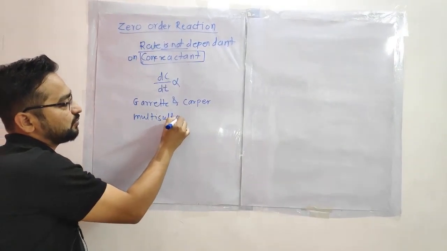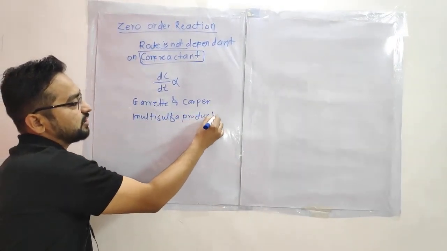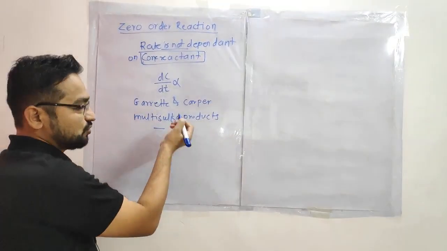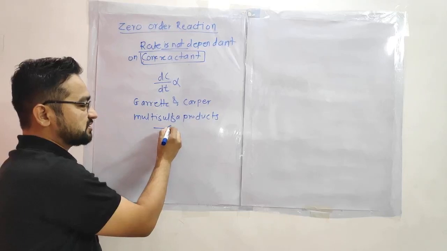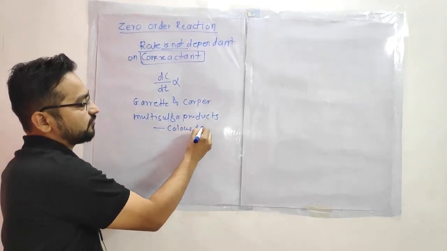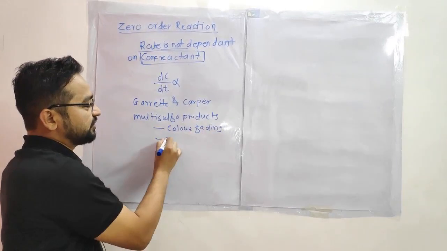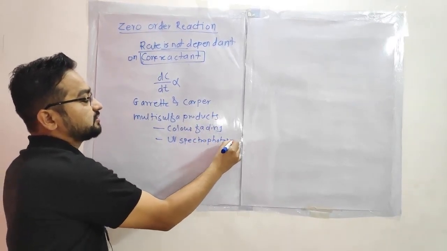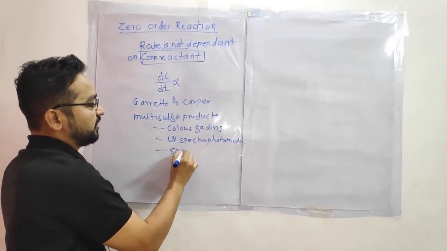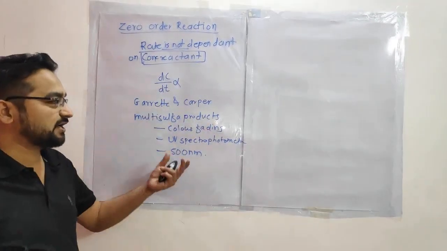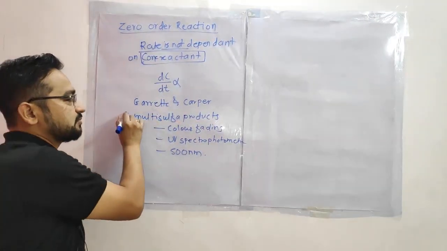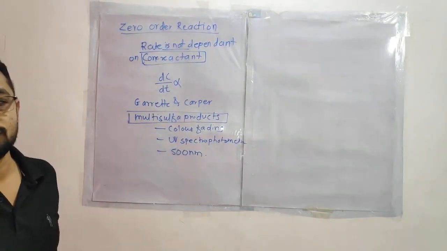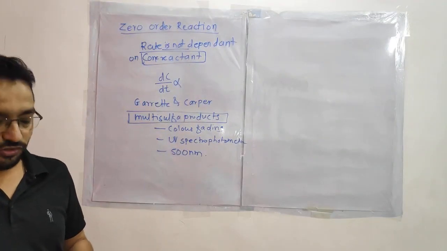What they studied was the absorbance and color fading, using a UV spectrophotometer at around 500 nanometers. They found that this color product, whose color is decreasing by absorbing some kind of light, is the first example of zero order kinetics.